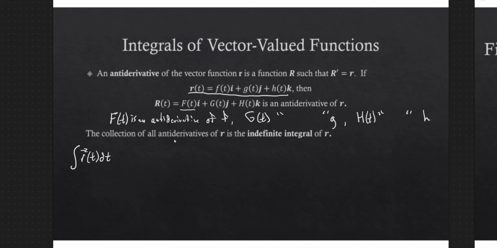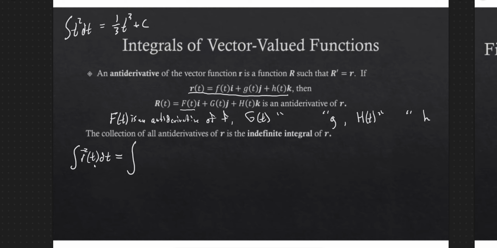So we usually have a plus c. So if I want the integral of, say, t squared dt, remember this is 1/3 t cubed plus some constant c. With vector valued functions, this constant c is not going to be a scalar, but rather a constant vector.